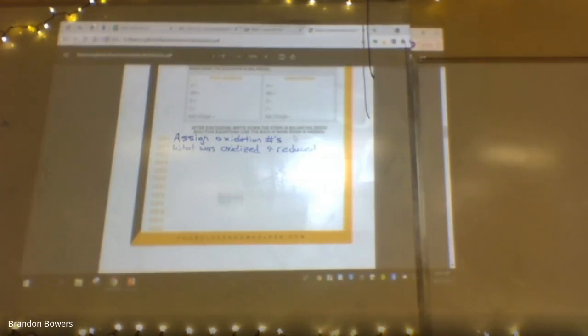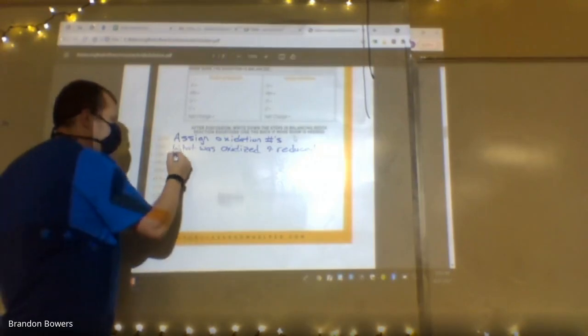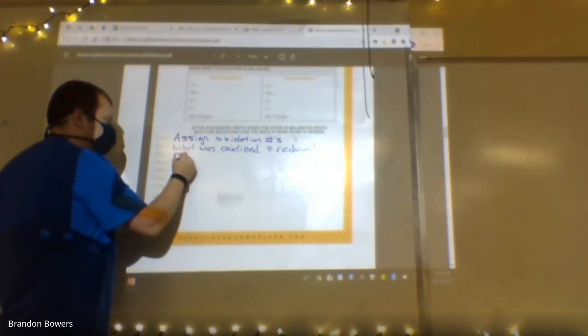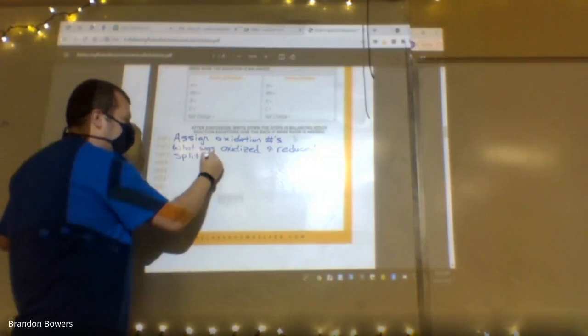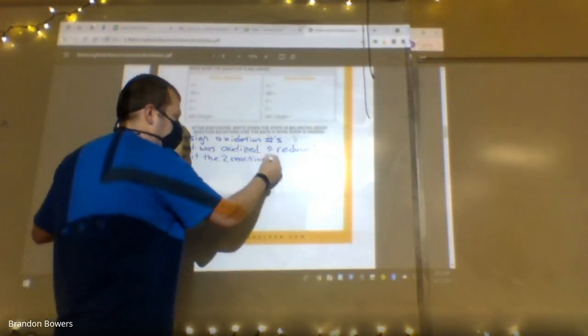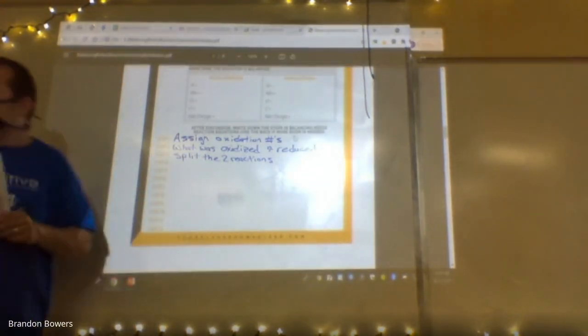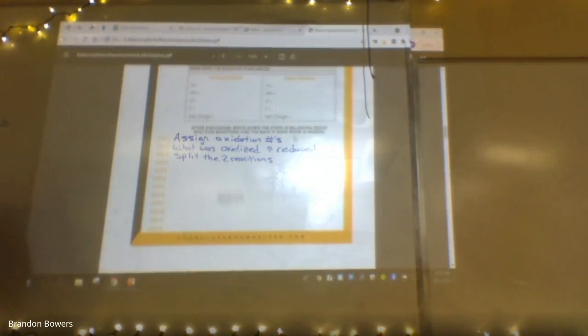You split them, right? You split the 2 reactions. We created an oxidation and a reduction.